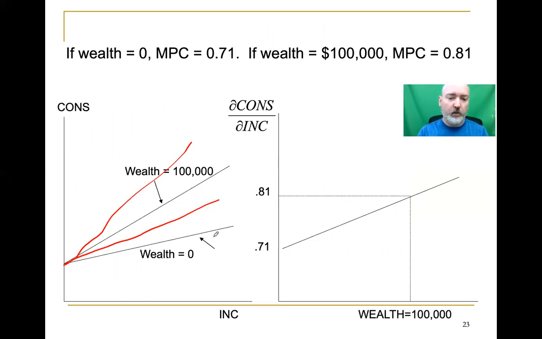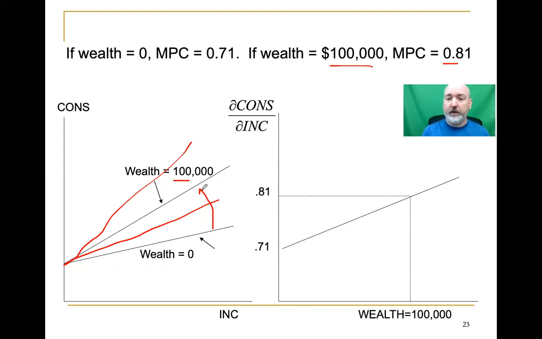So again, at wealth equal to 0, we get that flat line, the slope of 0.71. And then at a wealth level of 100,000, we add about 0.01 times 10, up to about a 0.81, right?